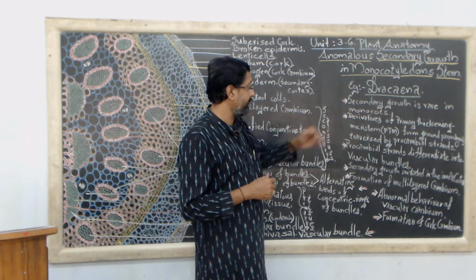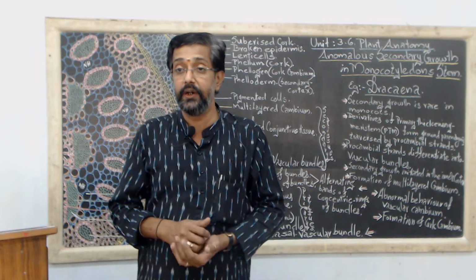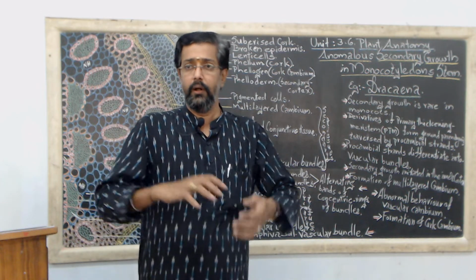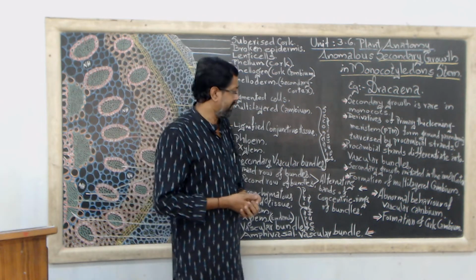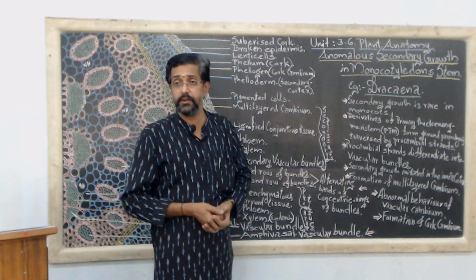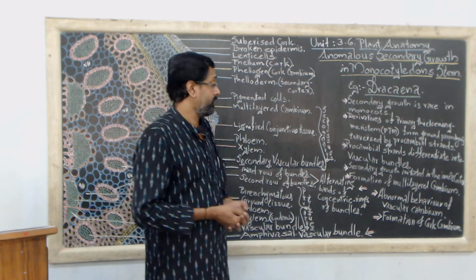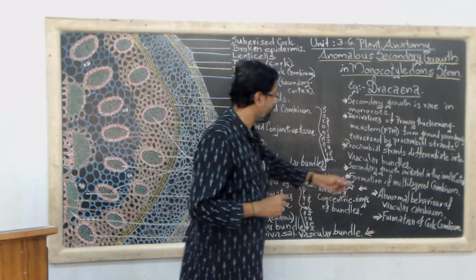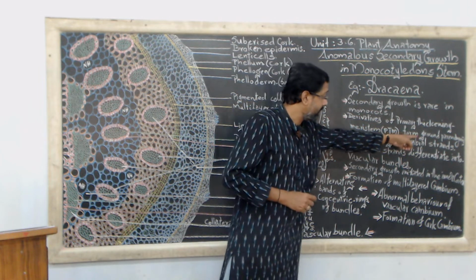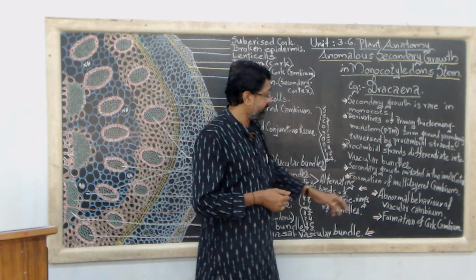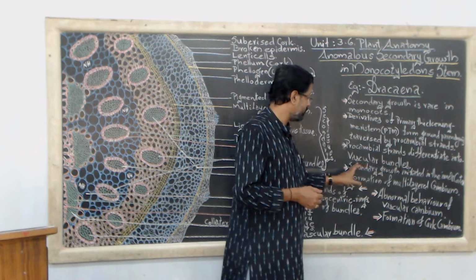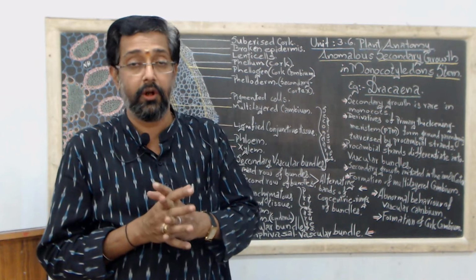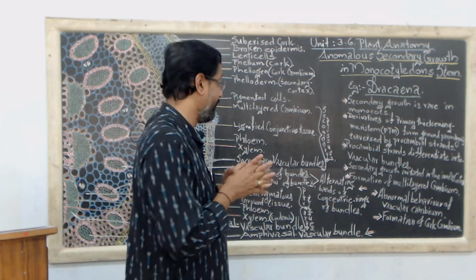It becomes meristematic in nature, divides and produces certain vascular tissues. Such procambial strands develop in the outer region, in the ground parenchyma, and later differentiate into vascular bundles. Normally, the vascular bundle consists of xylem and phloem.